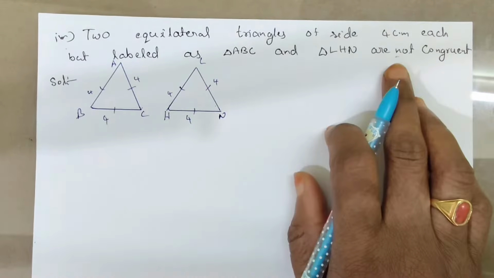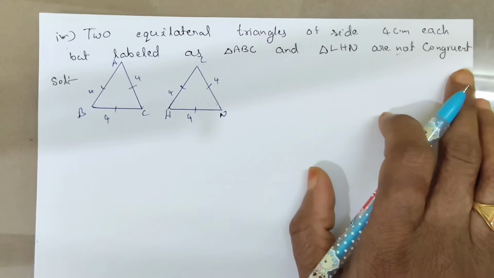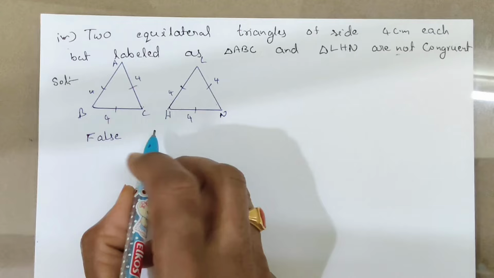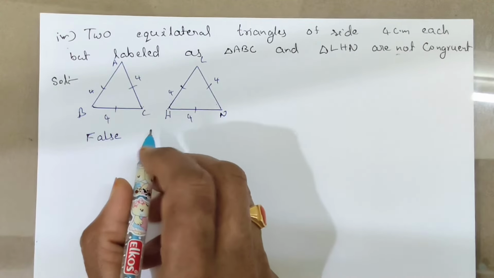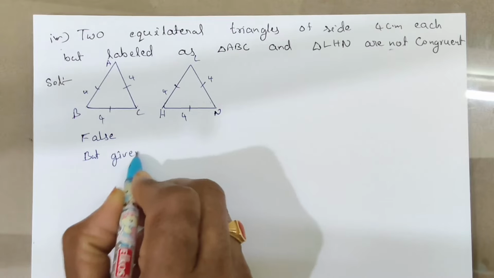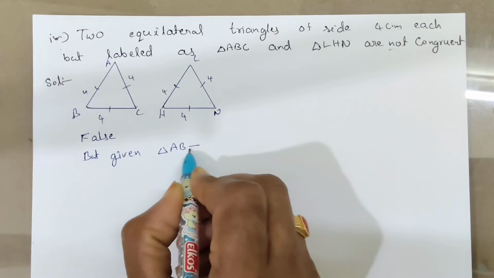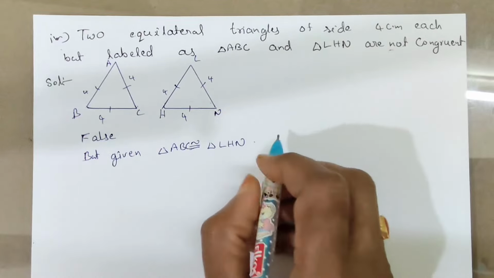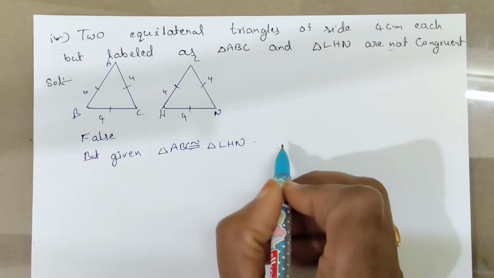But here it is given not congruent, so this statement is false. So now we write: given triangle ABC is congruent to triangle LHN. So the statement is false.